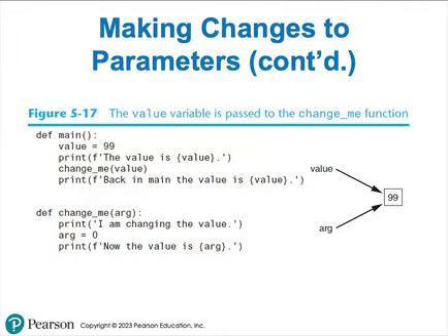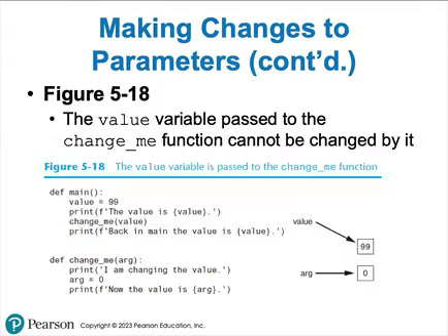So if we start out with a value 99 and we call the function, arg is going to point to the 99. Now if we set arg to 0 and then print it out, it's going to print 0 because we just changed the value of that parameter.